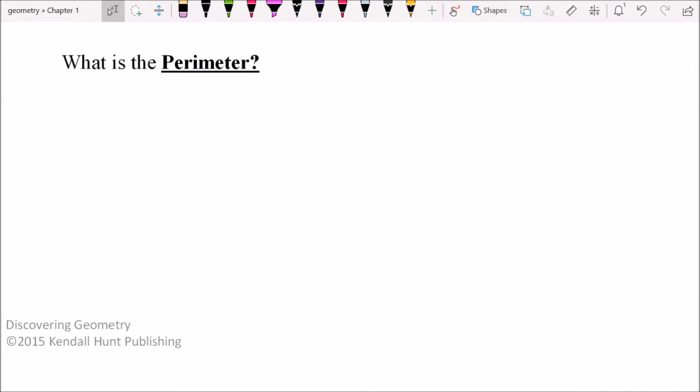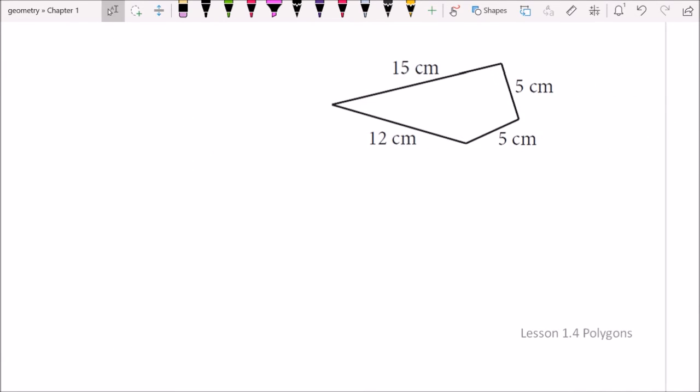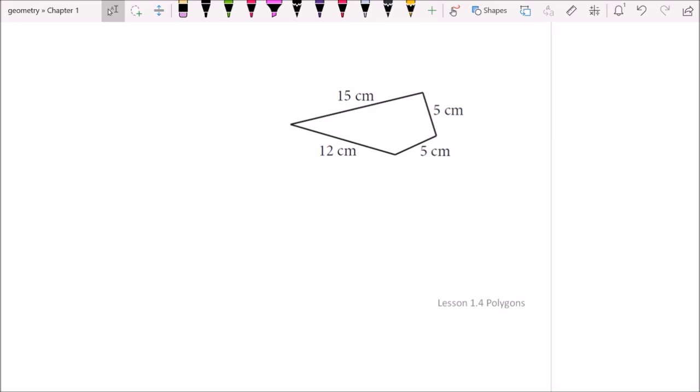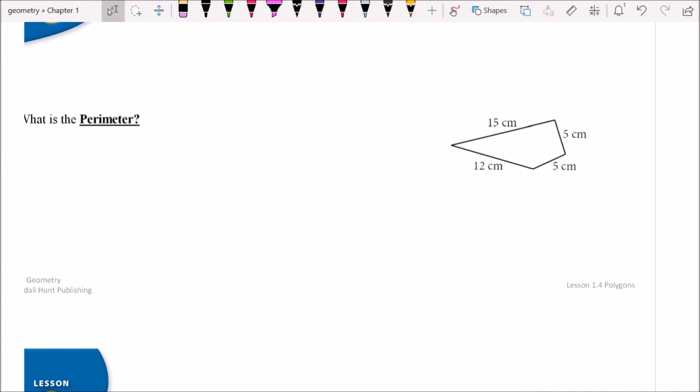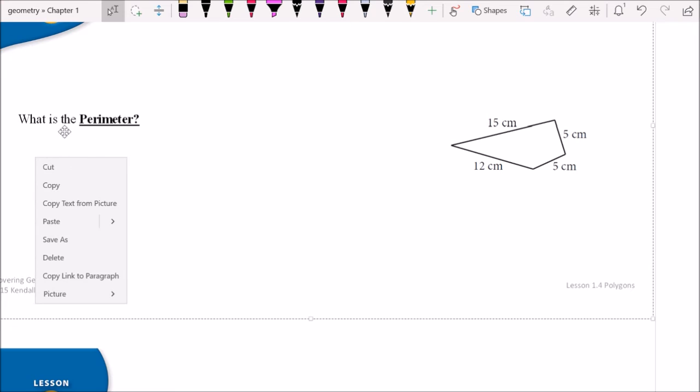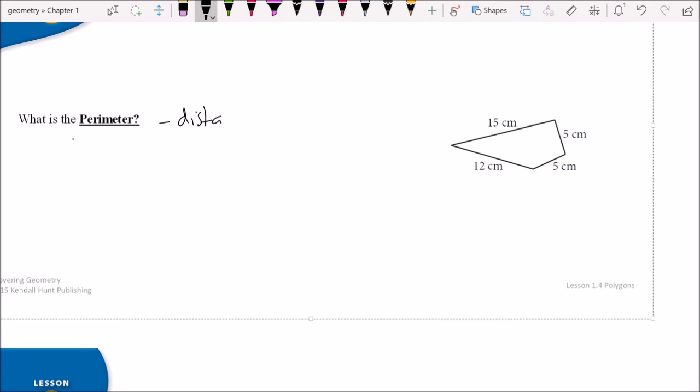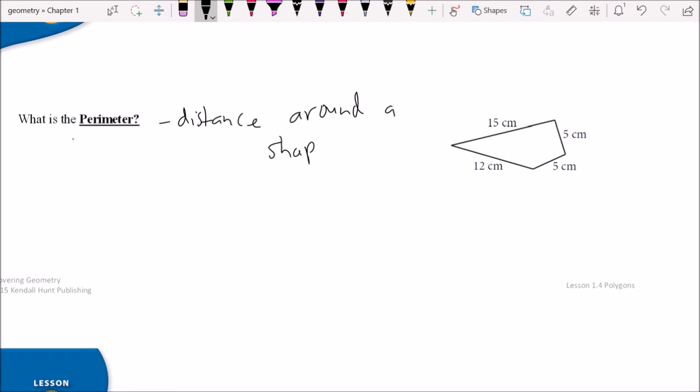All right. Do you remember what perimeter is? Perimeter, simply put, is just the distance around the outside of a shape. I'm going to write this two different ways. You could say the distance around a shape, or another way of putting it is the sum of the sides.